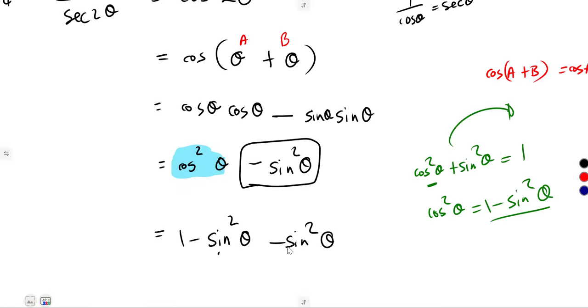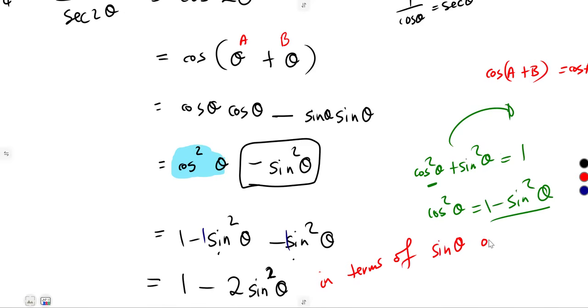There is a sign. That is the only part that we have. So we can simplify this. Minus 1 minus 1, that's what? That's minus 2. So it's going to be minus 2 sine squared of theta. As they are like terms, we can combine them. They are like terms, remember? So it's going to be 1 minus 2 sine squared theta, which is exactly what we want in terms of what?